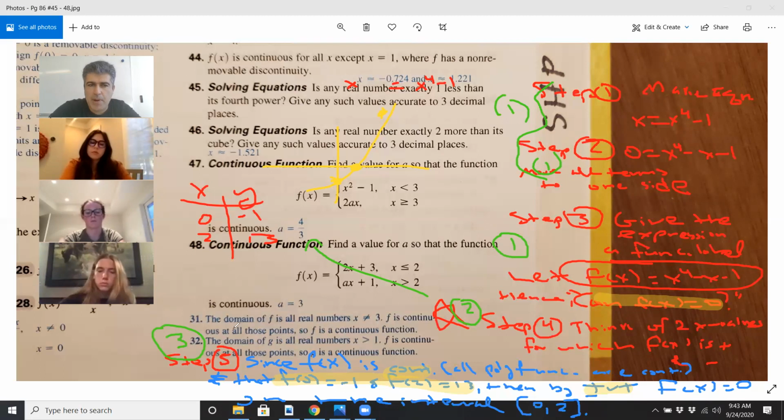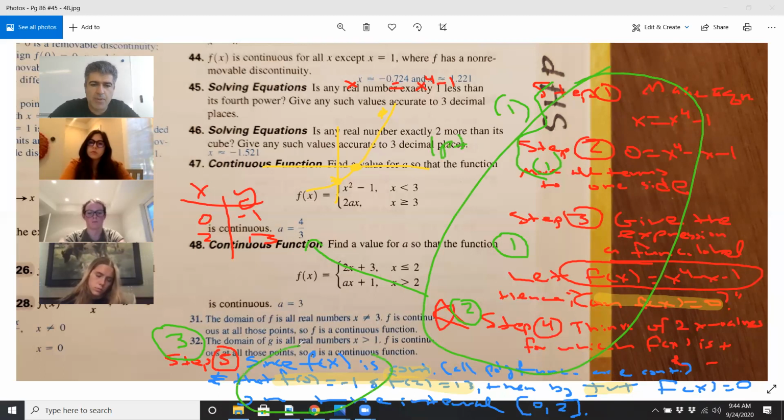And so if any of those parts are missing, of course, you do lose the appropriate number of points. On the AP exam, just so you know, all this counts as 1 point. All this counts as 1 point. And they don't do partial credit on the AP. So if you didn't say the continuity part, they'll give you nothing. If you didn't say IVT, they give you nothing.